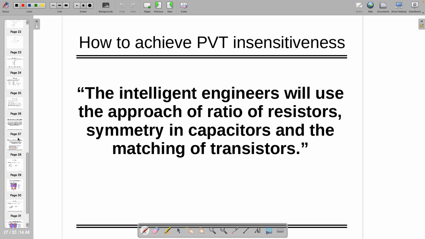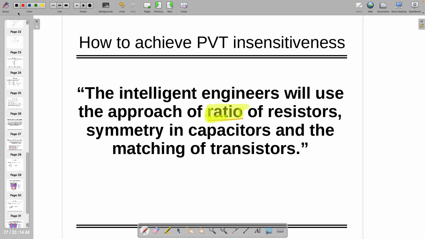So generally we keep everything in ratio. That's the actual main highlight. We already talked about it, but again, it has to be in ratio, right? Ratio of resistors, symmetry in capacitors, and the matching of transistors. Everything is actually ratio. It's all about the unit value of the device having to be the same, and it has to be changed by multiplier or by finger.